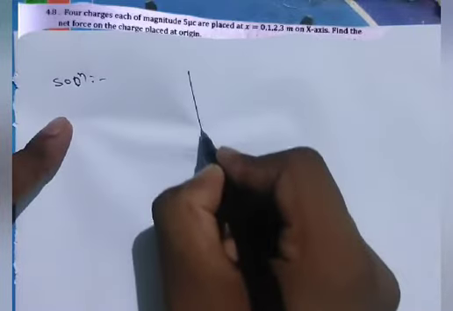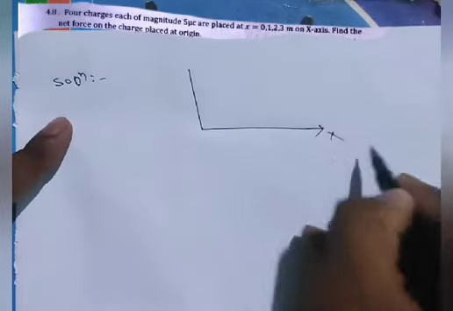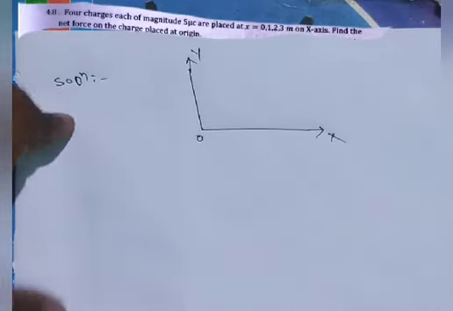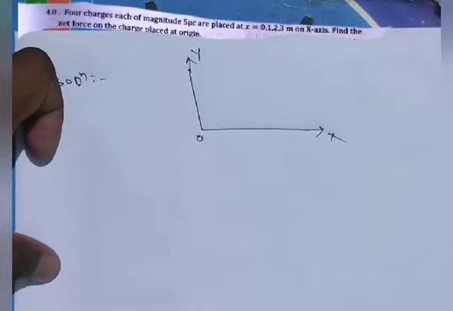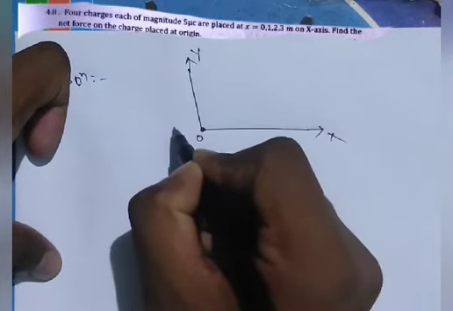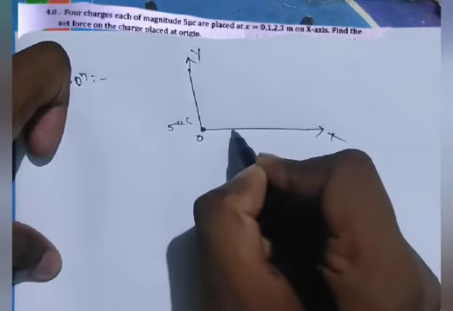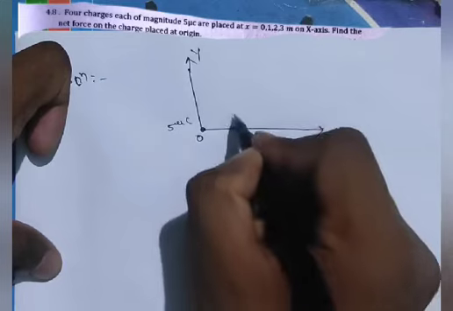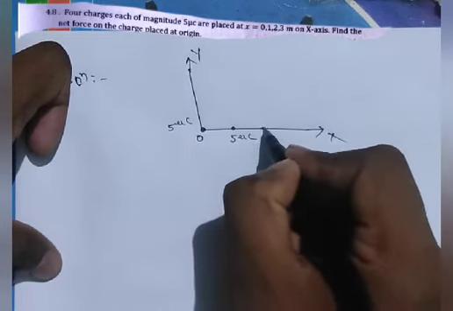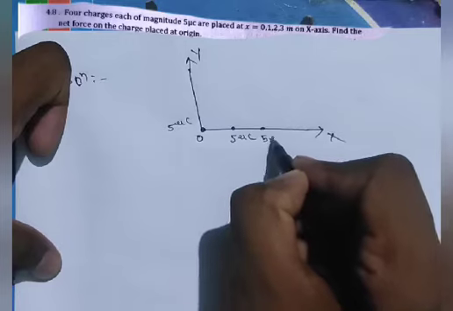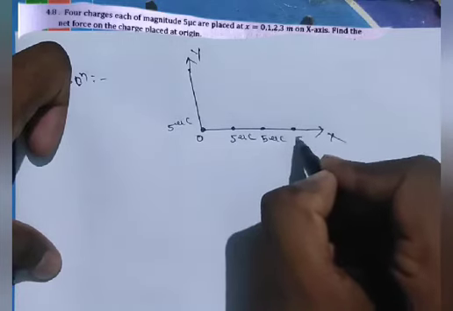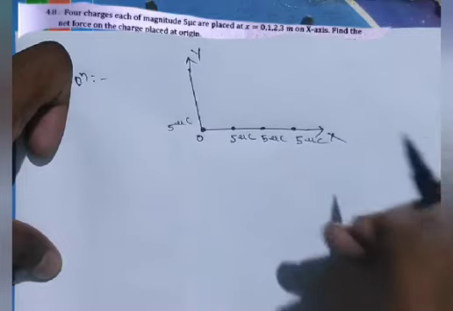So this is my coordinate axis, this is the x-axis, this is the y-axis, this is the origin. There are 4 charges each of magnitude 5 microcoulomb. One is placed at the origin, another is placed at 1 meter, another is placed at 2 meter, and another is placed at 3 meter, each with charge 5 microcoulomb.